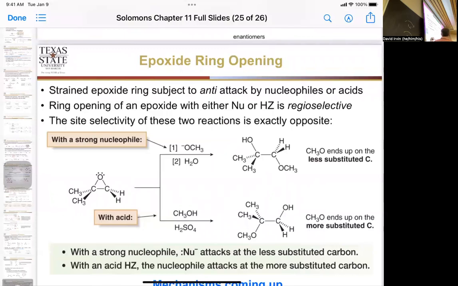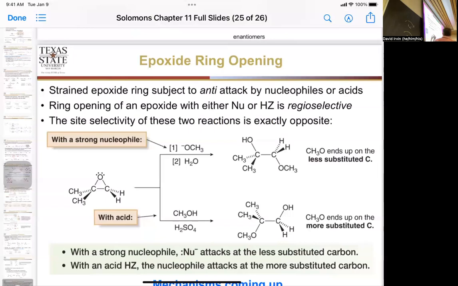If we have our epoxy here, notice this side has two methyl groups, and this has two hydrogens. So one side is sterically hindered. Okay, it's like a tertiary carbon. The other side is a primary carbon. So the two different mechanisms are going to specify which carbon gets hit.